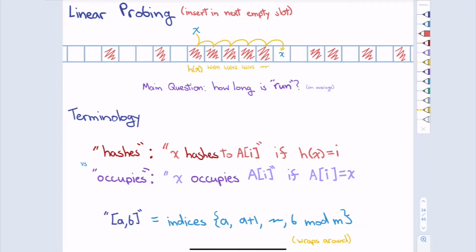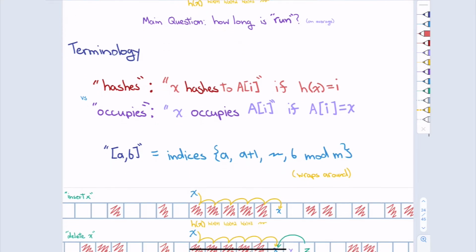So if A is bigger than B, I mean A plus 1, A plus 2, A plus 3 until we get to the end, then starting back at 1, 2, 3, which is what the data structure would do too. It's not really drawn, but if you got to the end, you would just go back to the beginning. So you can think of it as a circle.